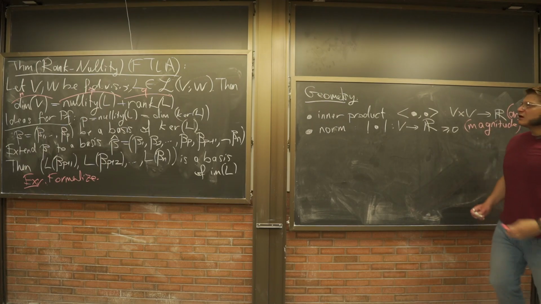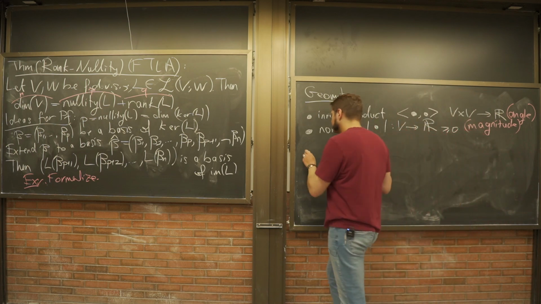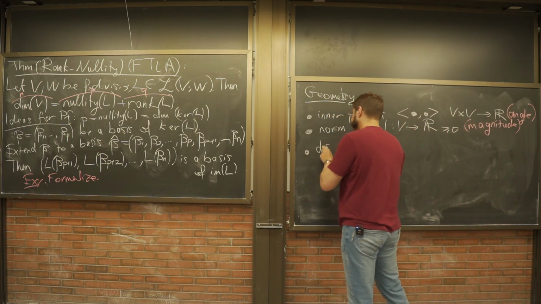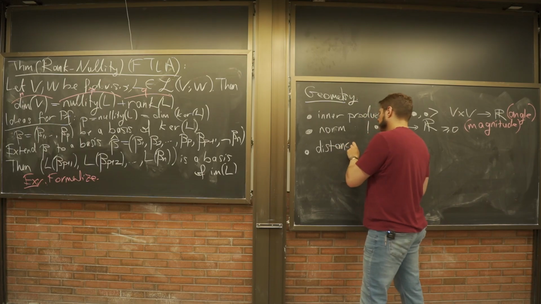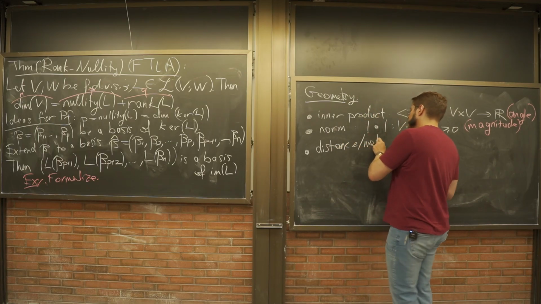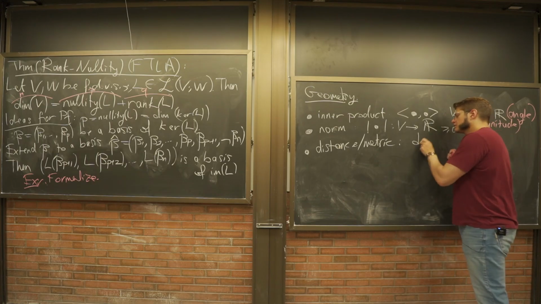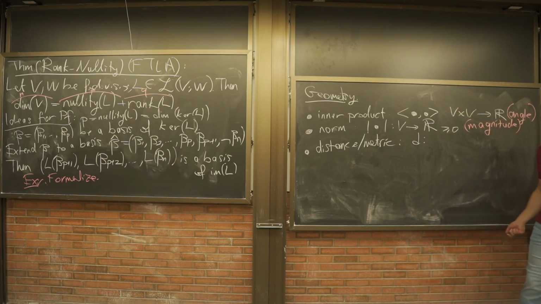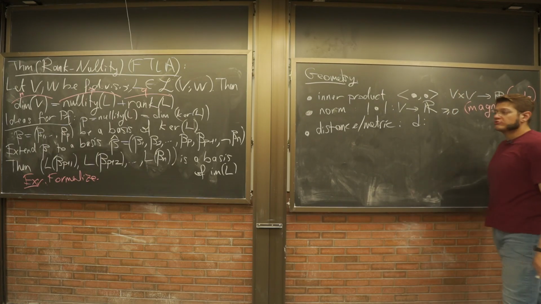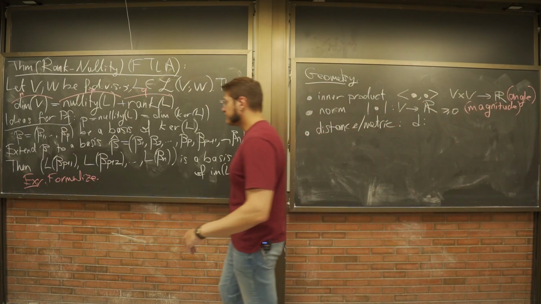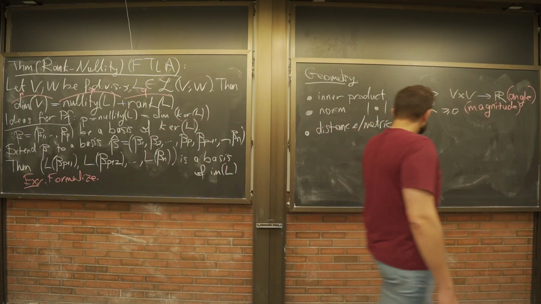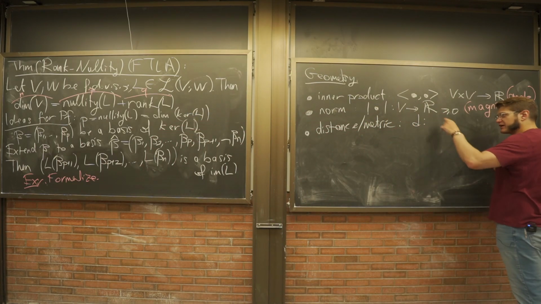And then the final type of function we're going to look at is what is called a distance function, or metric. That is, in fact, defined not only on vector spaces, but on an arbitrary set. We're going to spend 2 weeks on this idea.